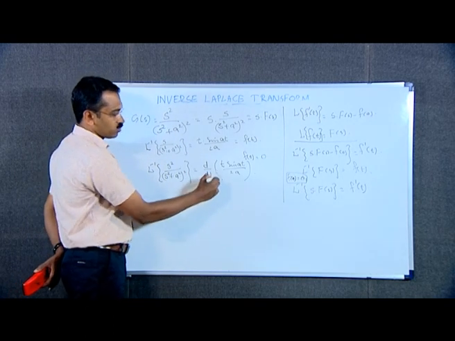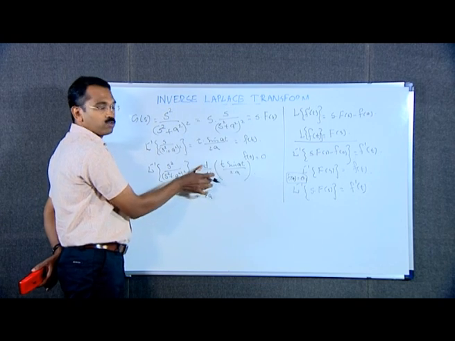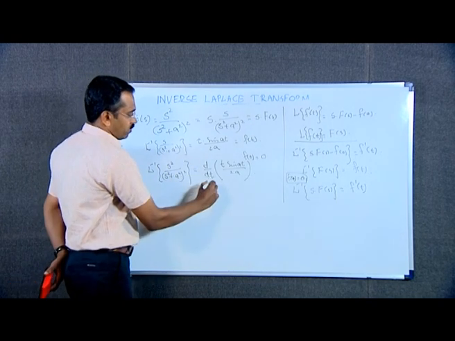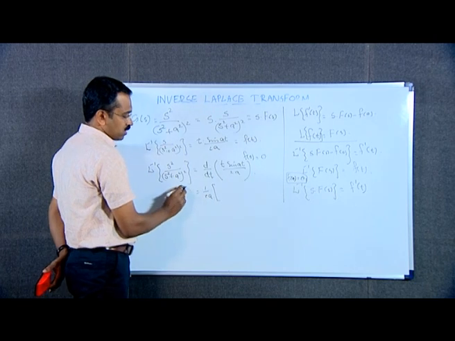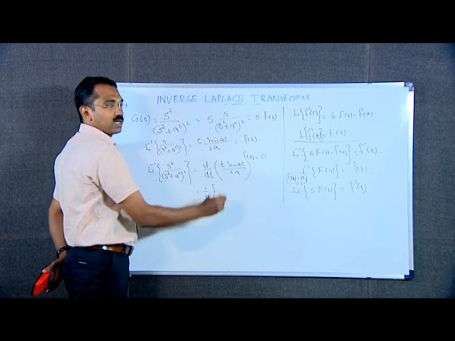This is equal to 1 by 2a, which can be taken outside because the derivative is with respect to t, into d by dt of t into sin at.